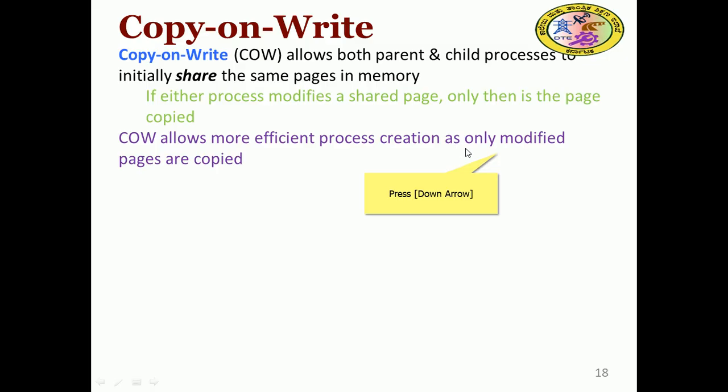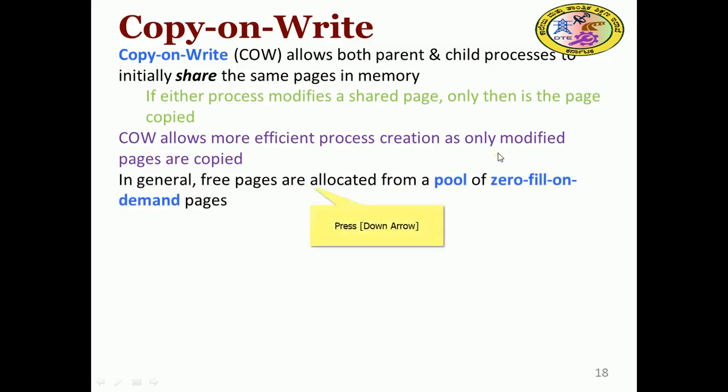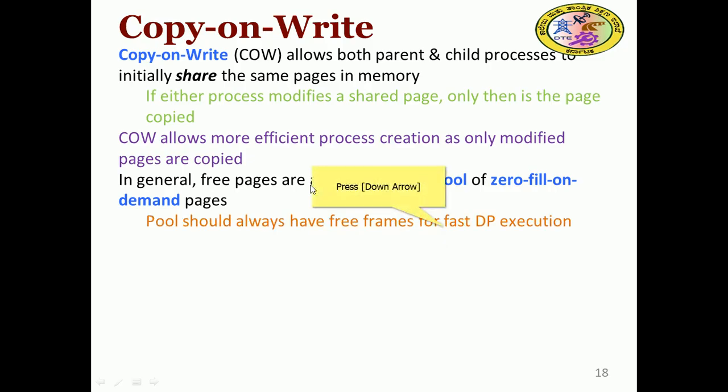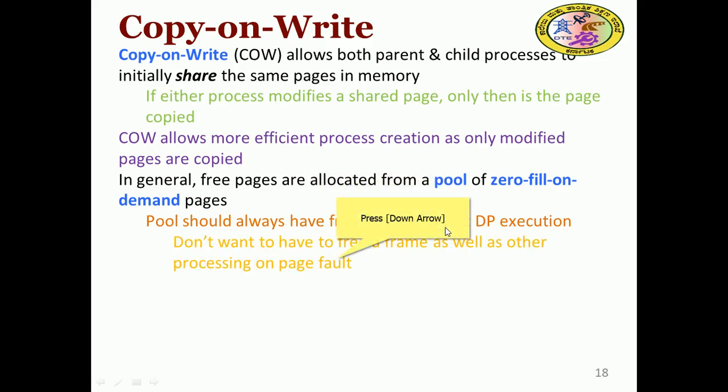In general, pages are allocated from a pool of zero-fill-on-demand pages. The system should always have free frames for fast demand paging execution, so it doesn't have to free a frame first, along with other processing on a page fault.